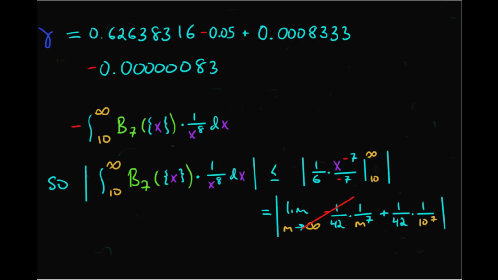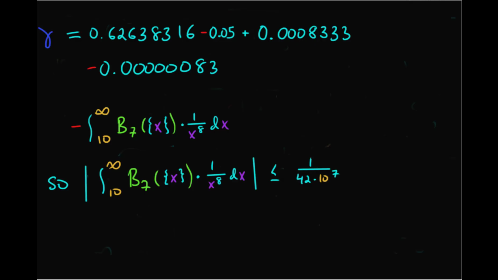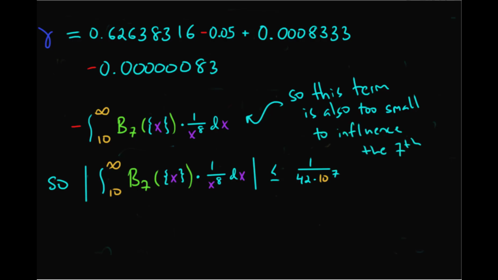And I'm left with this integral equaling 1 over 42 times 10 to the 7th. So we have that this error integral is bounded and less than or equal to 1 over 42 times 10 to the 7th. Well, that value is also too small to even influence the 7th decimal place here in the computation. And so that error integral also drops out of the computation for gamma if we want to approximate gamma to 8 decimal places.